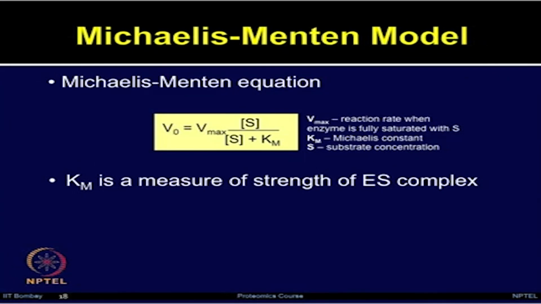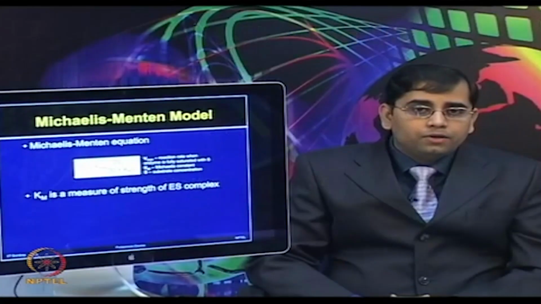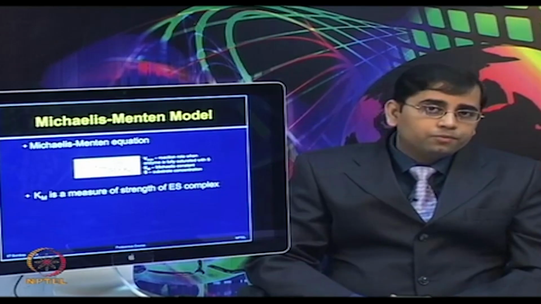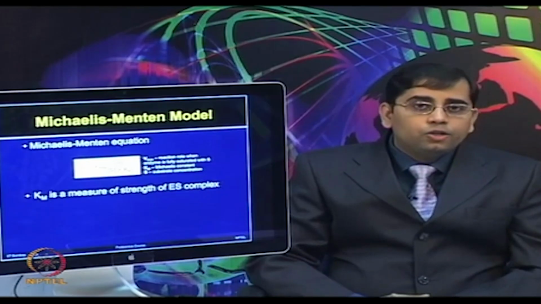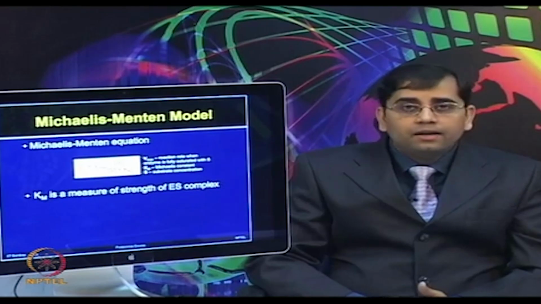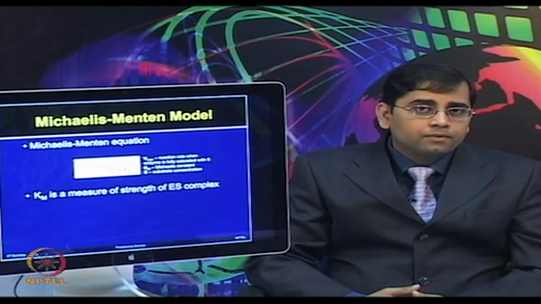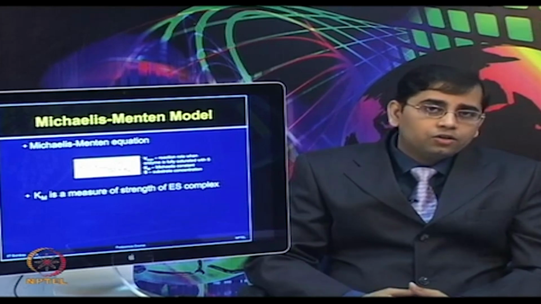So, rate is directly proportional to substrate, which means the reaction is first order. Now, let us take another scenario where substrate concentration is greater than Km. Now, what will be the equation? V0 equals Vmax. So, rate is maximal and it is independent of substrate concentration. In this case, the reaction is of zero order.